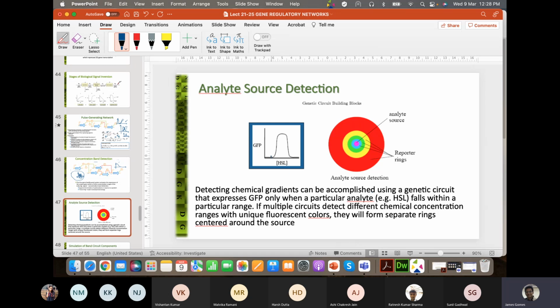So if you have one response, then you get one kind of signal. If you have multiple responses, you get multiple signals, but you will essentially get these patterns. So you'll get a pattern in the region that this will be responding to, depending upon the circuit that you've designed. Now, keep in mind that if you were to design these circuits artificially, there is this problem of what we call kinetic tuning.